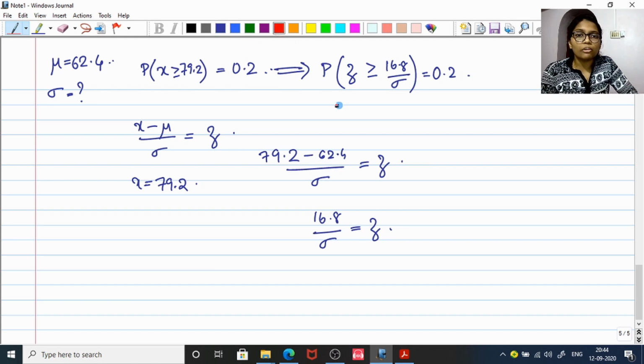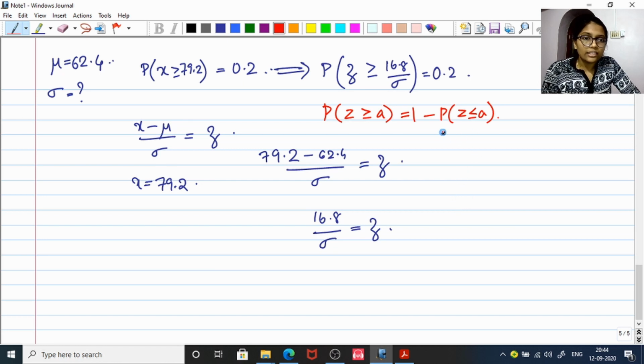Now you have a formula: P of Z greater than or equal to A means 1 minus P of Z lesser than or equal to A. And this P of Z lesser than or equal to A is taken from the standard normal distribution table.